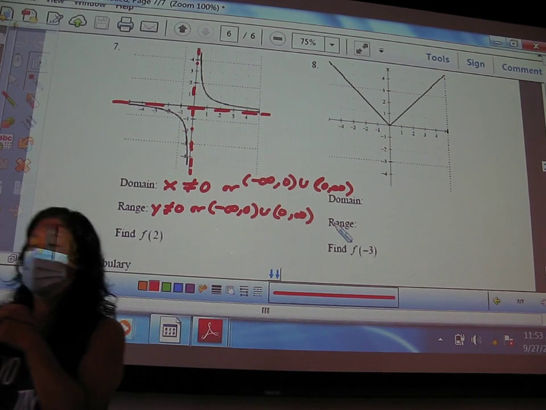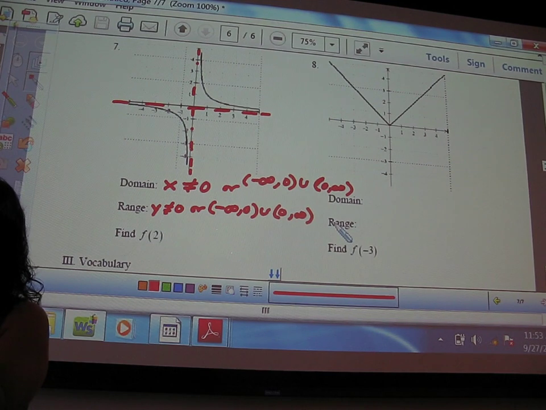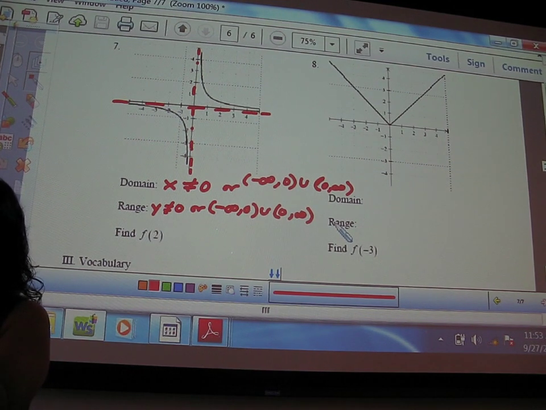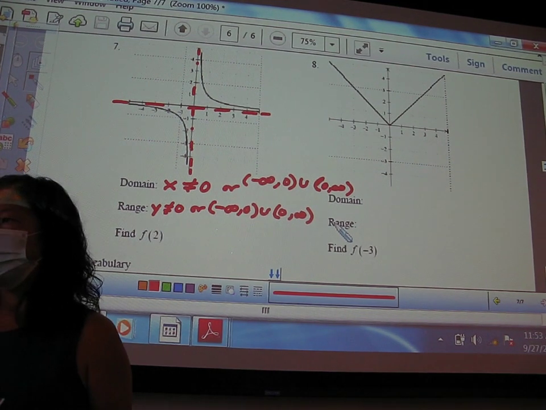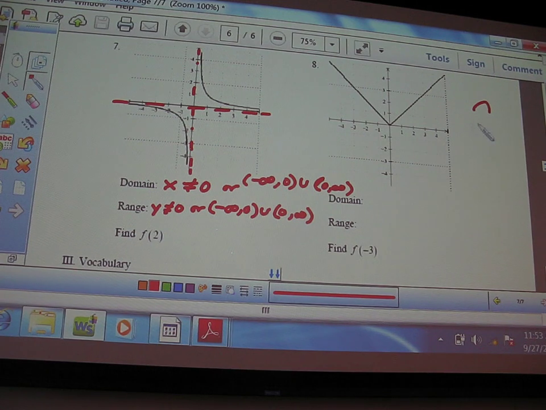Wait, so union means and? Union means or. I thought it just said union and. Union means both of them combined, like the Venn diagram. Right, and is just that tiny bit. We're not saying just the intersection of those two, because there'd be no intersection at all.